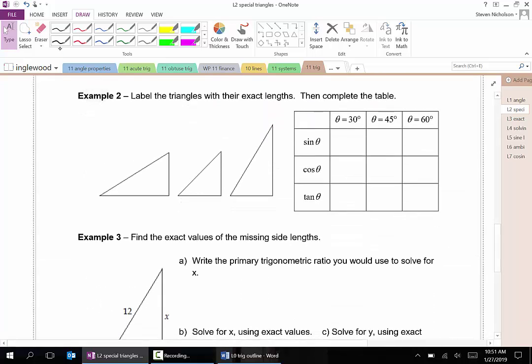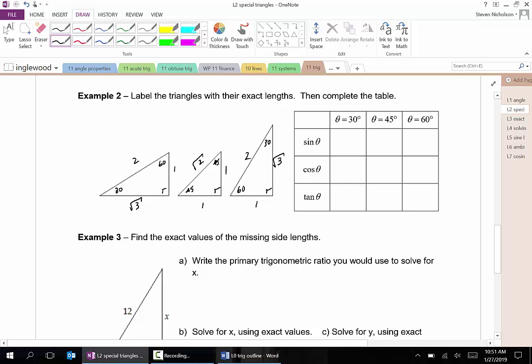Okay, so again, a really valuable thing is to have these pictures. And we're going to have 1, 2, root 3. When we have a 45, 45, 90, we're going to have 1, 1, square root of 2. And when we have a 60 in there and a 30 up there, we're going to have our 1, 2, root 3.